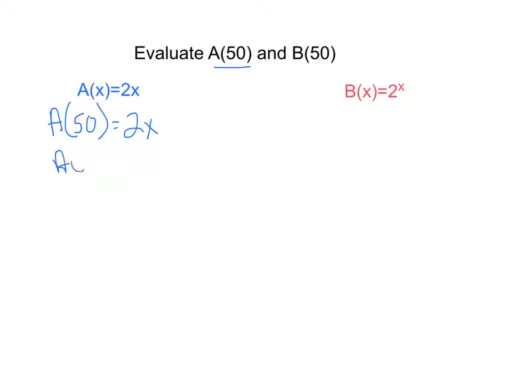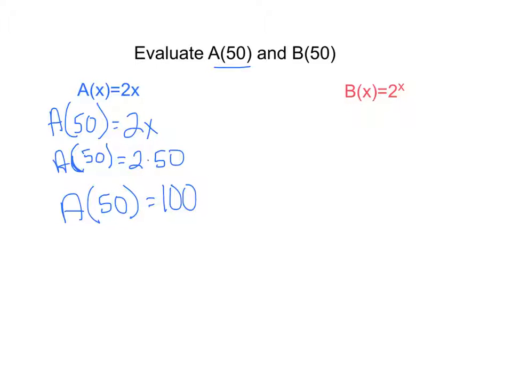So a of 50 equals 2 times 50, so a of 50 is equal to 100. That's a pretty decent number. If you plug in 50, you get double that back.